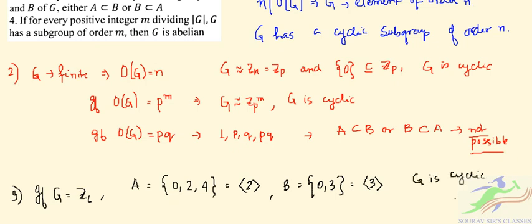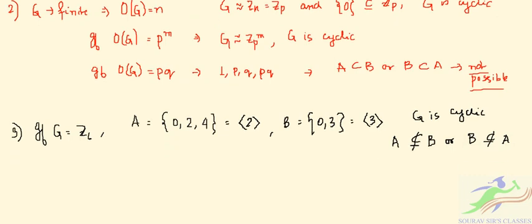G is cyclic, but A is not a superset of B, neither is B a superset of A. So in our case option 3 is also incorrect.